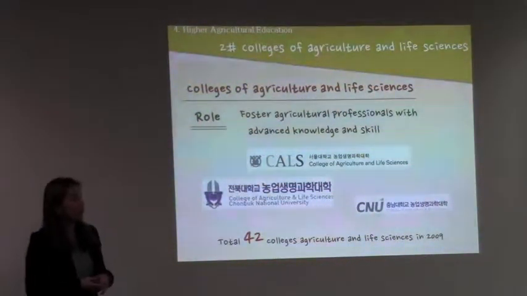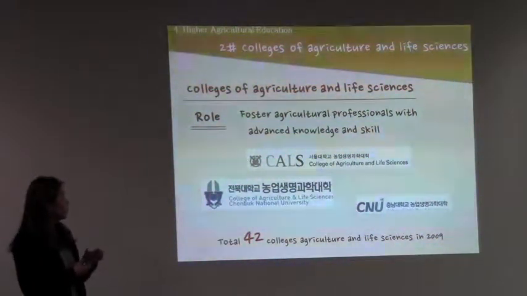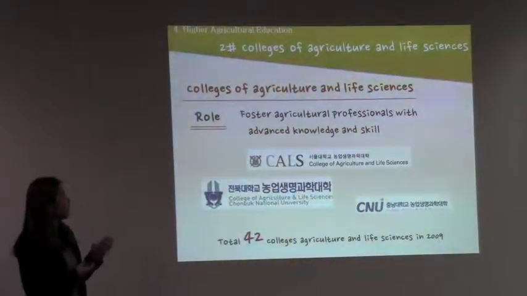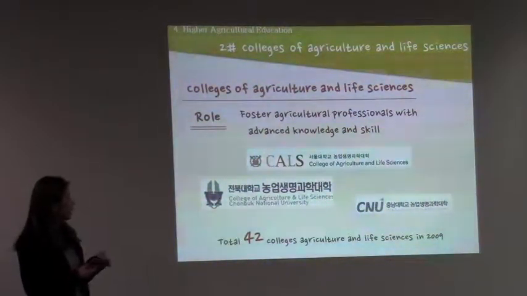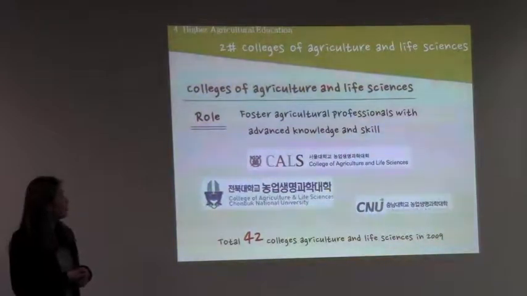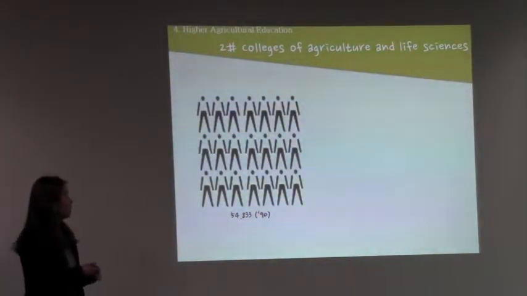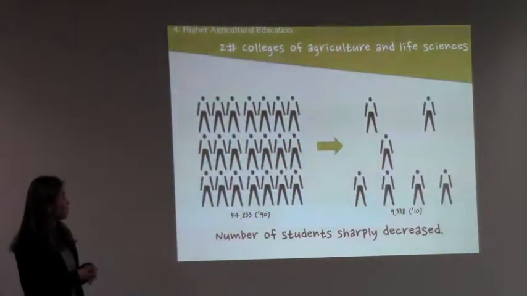And the second one is the College of Agriculture and Life Science. Their role is to foster agricultural professionals with advanced knowledge and skills, and there are 42 colleges in Korea. Like the junior college, the number of students is decreasing now.